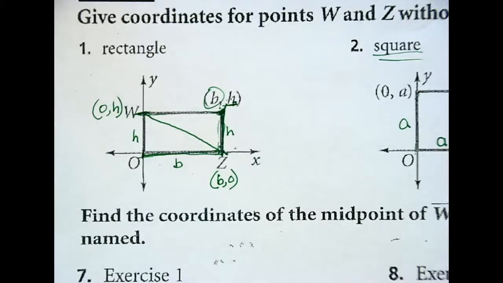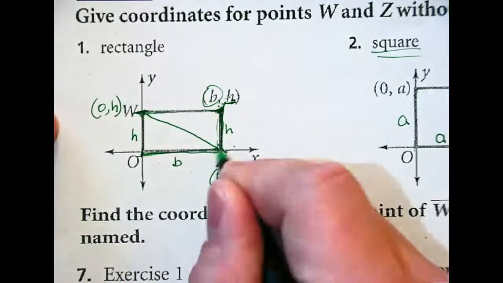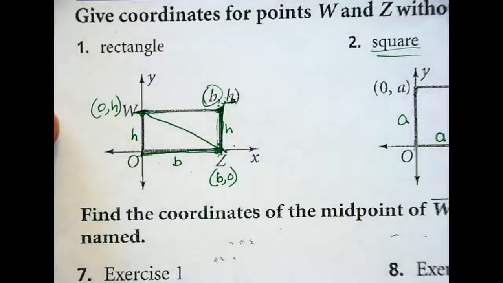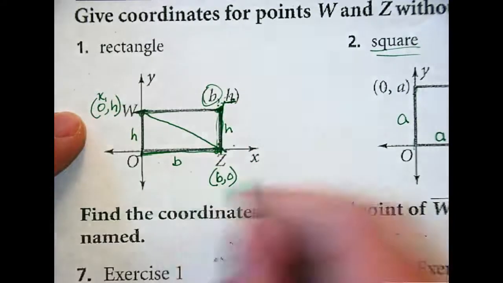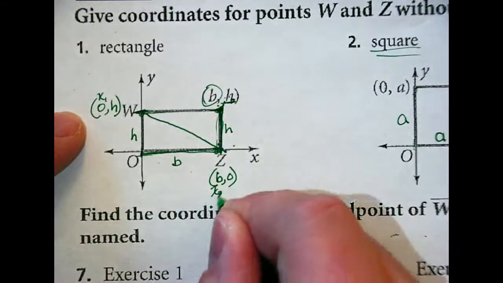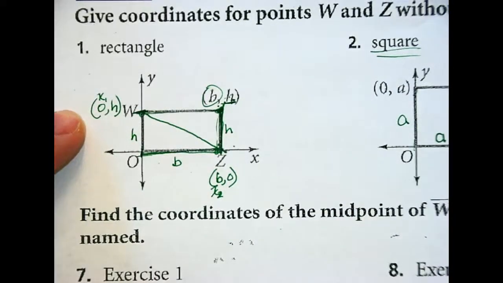Cameron? For the midpoint, would it be half h, half b, half h? Okay, so to find the midpoint, did you actually plug that into your midpoint formula? Yeah. So you said x1 and x2, and so you added those two up, so you got b plus 0 over 2, b over 2.